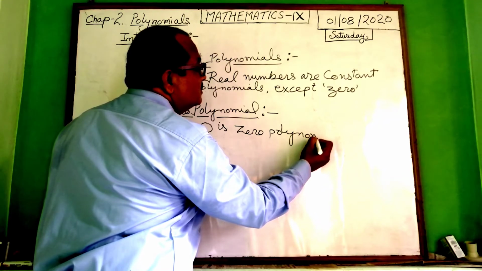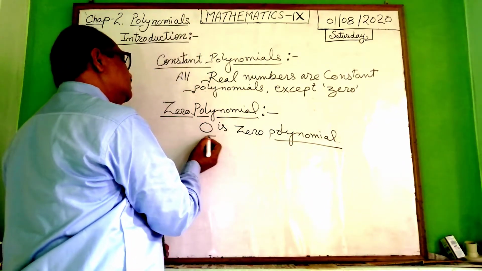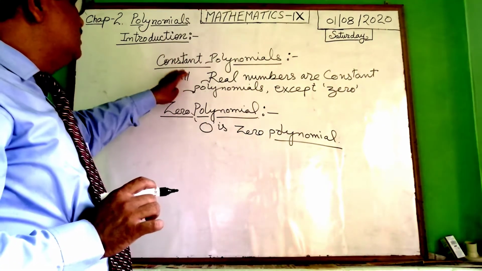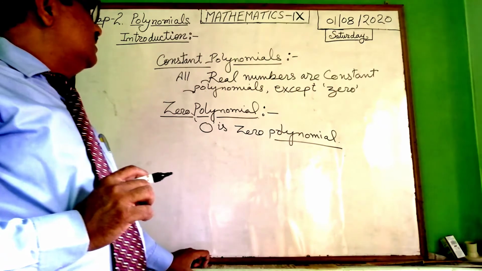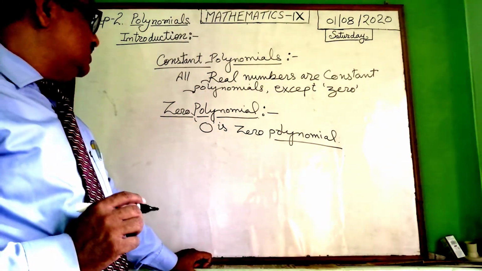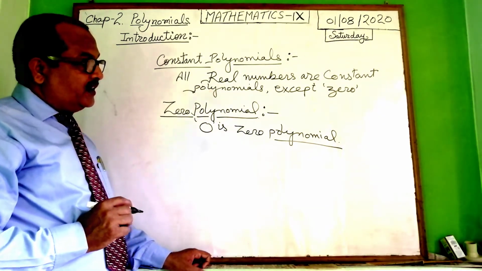There is only one zero polynomial, that is 0. Children, you can see it. All the real numbers are called constant polynomials except 0, and 0 is itself the zero polynomial.